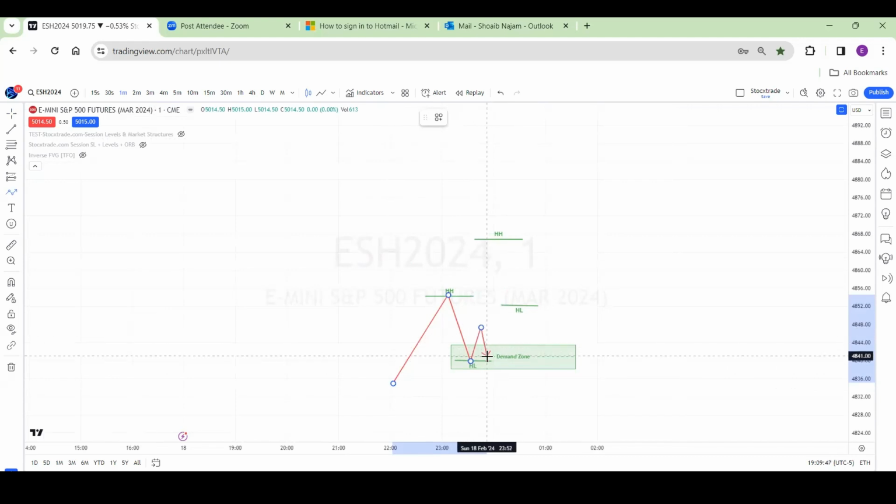What does it mean? That the price might come again for the retest.